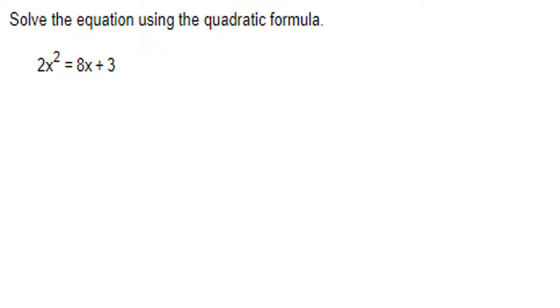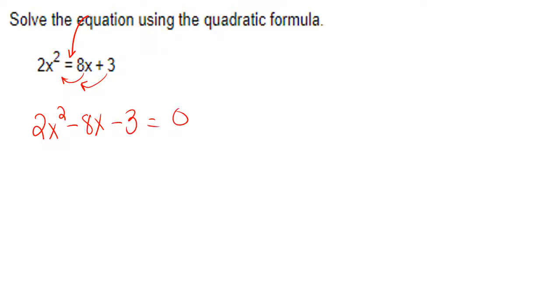Here is another example. Notice how the quadratic equation is split in the middle by that equal sign. That's not going to help us, so we need to move our terms all to the left-hand side. I have 2x squared minus 8x minus 3 equals 0.